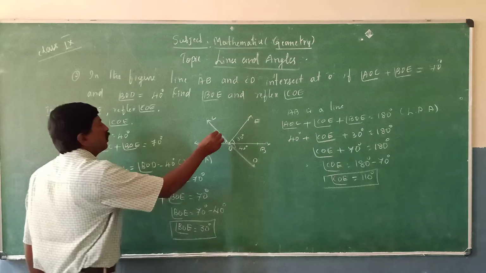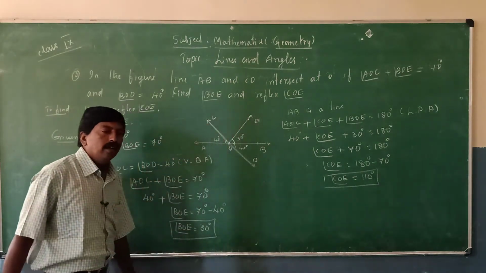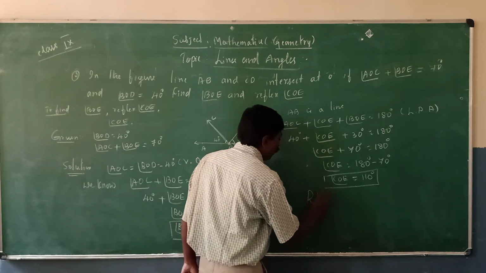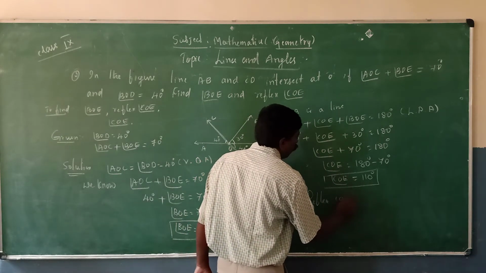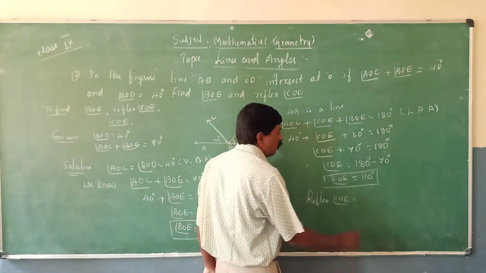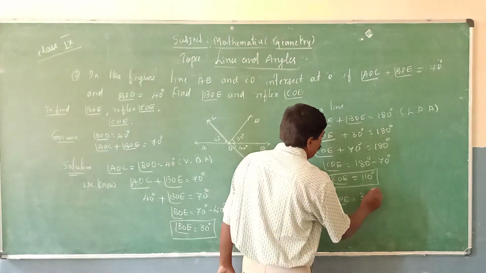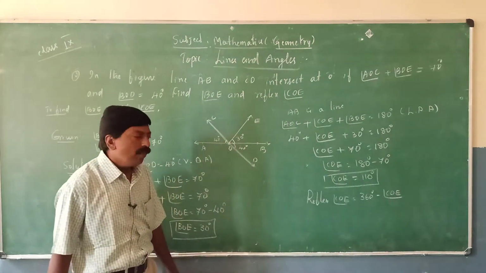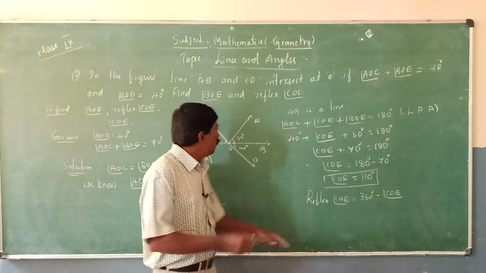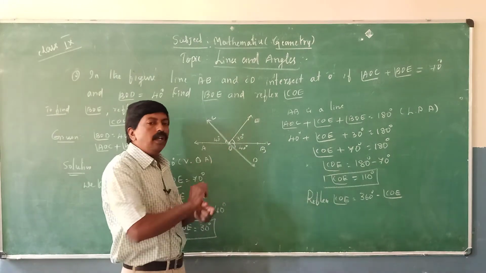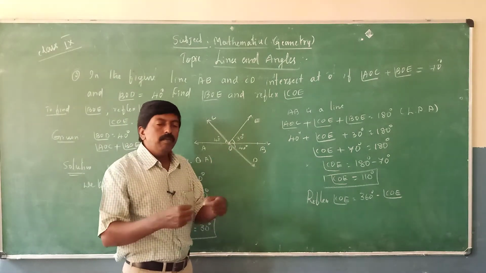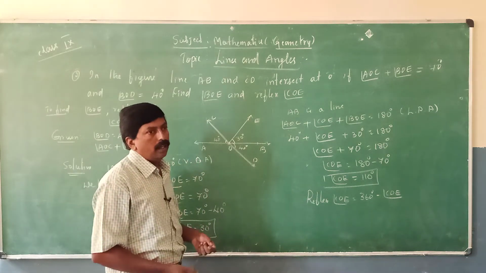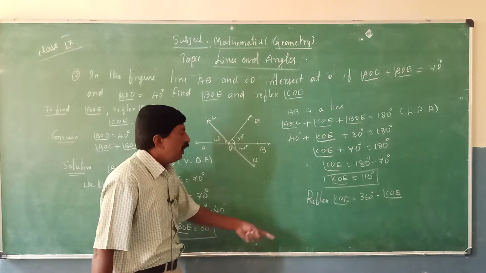That is COE angle. Now we want to find reflex COE. How to find reflex COE? So the total 360 minus COE is reflex COE. Remember once again, in the last problem we already learned that many rays can be drawn from a single point, and the sum of angles is 360 degrees. A circle's interior angle is 360 degrees.